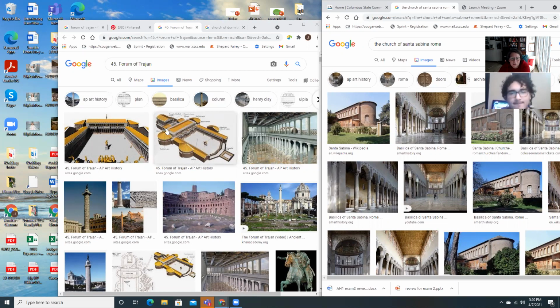Okay. So basically the Forum of Trajan is the blueprint for the Basilica Church. And even if you compare St. Peter's to the Forum of Trajan, you're still going to get a direct comparison of the Forum of Trajan establishing that style. You can even see it in the Roman mosques.